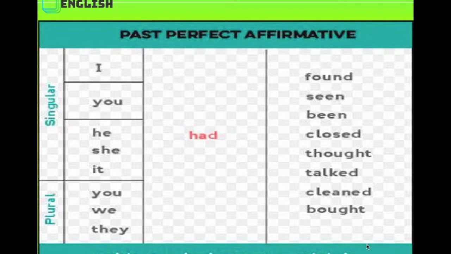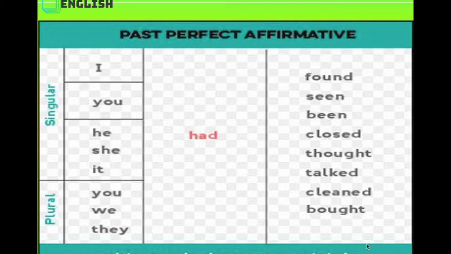See here, all the main verbs are written in the third form: found, seen, been, closed, thought, talked, cleaned, bought. These are all main verbs written in the third form, as verb 1, verb 2, verb 3. Find, found, found.